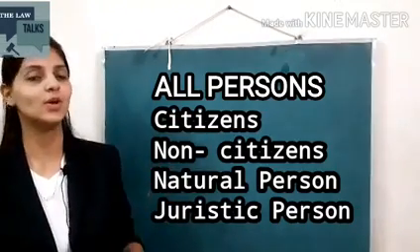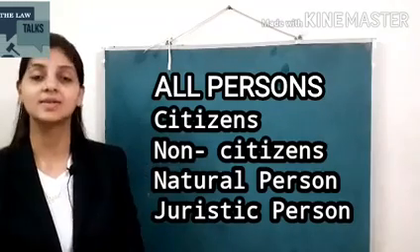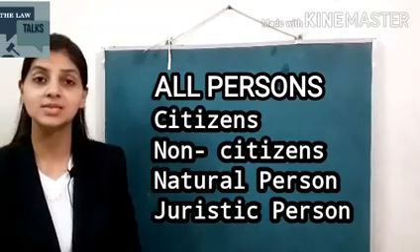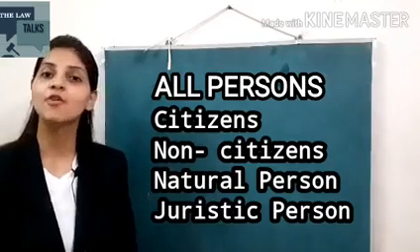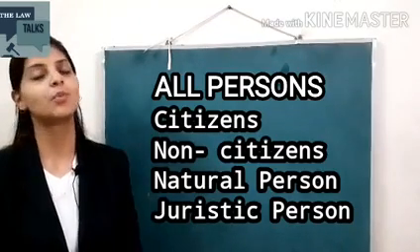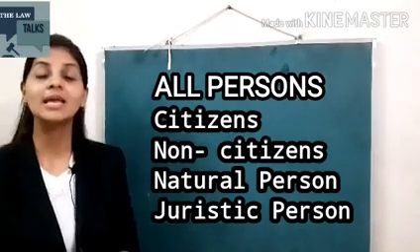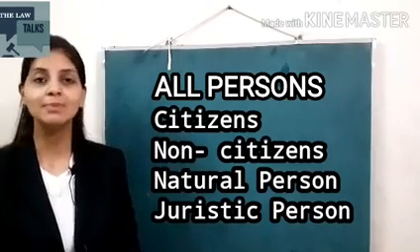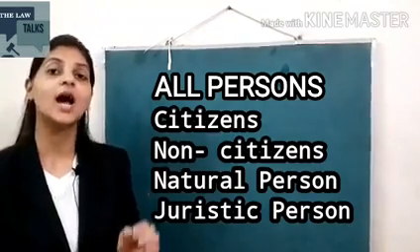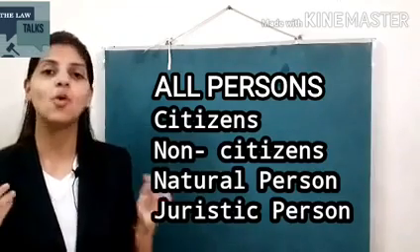includes the following people. First, the citizens. Second, the non-citizens. Third, the company. Fourth, the association. Fifth, the body of people, a body of association. It includes legal and juristic persons as well. That means right to equality under Article 14 is applicable to all.